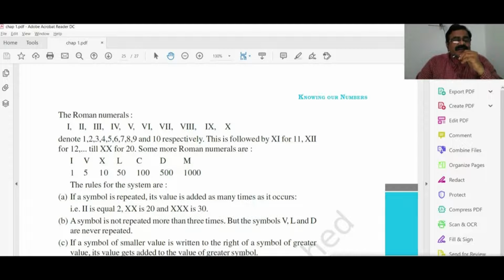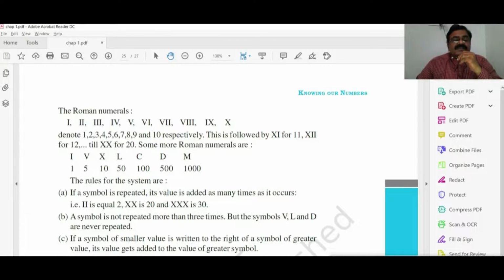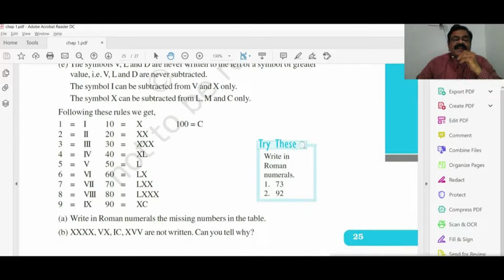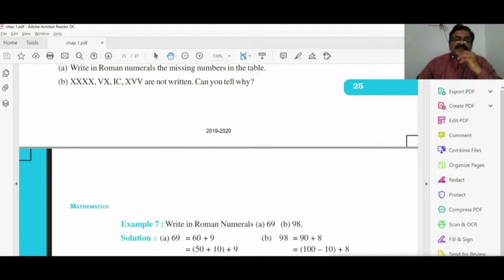A specific symbol for a specific Hindu Arabic number is denoted in these Roman numerals, that is for 1, for 5, for 10, for 50, for 100, for 500 and for 1000. By using these Roman numerals you can write each and every Hindu Arabic numeral.